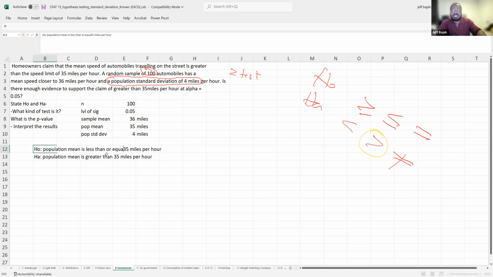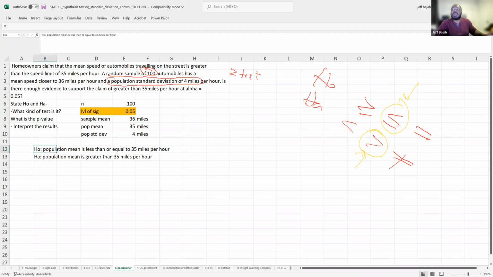Since this is the claim, this is going to be the opposite. You can see how we set them up. H sub O will always be equal to, greater than or equal to, or less than or equal to. The next step is to find the level of significance. That's given here, so that's step 2.